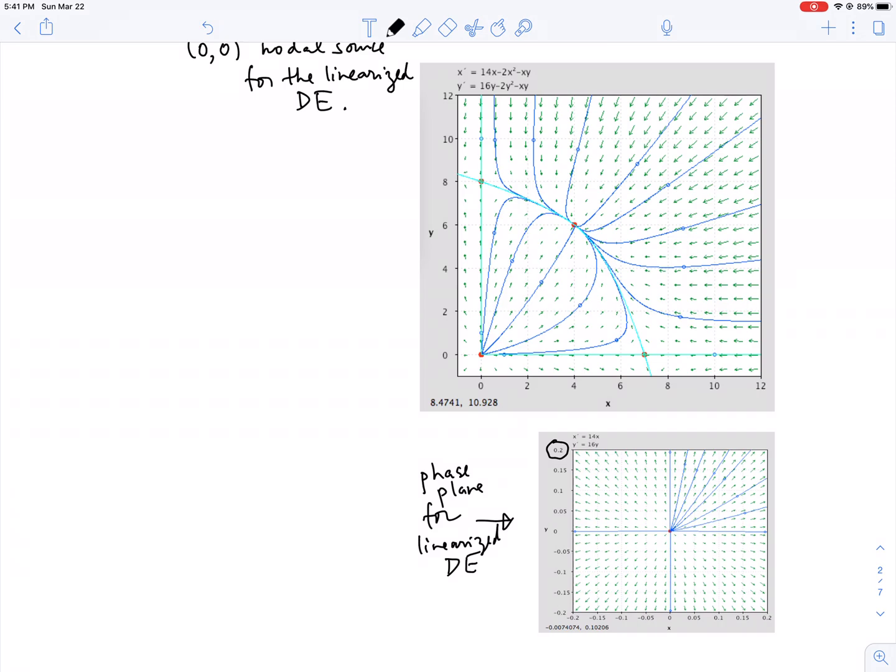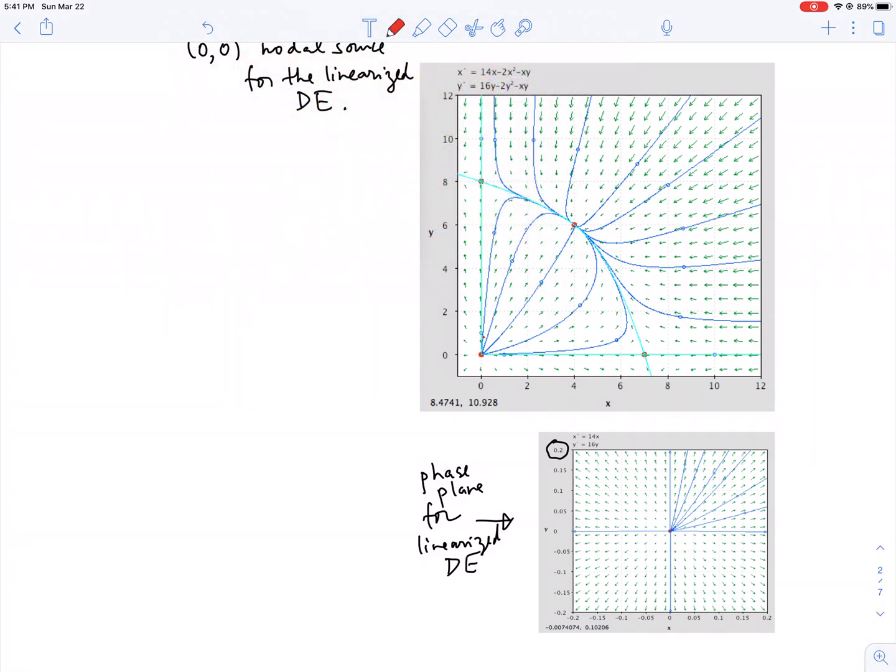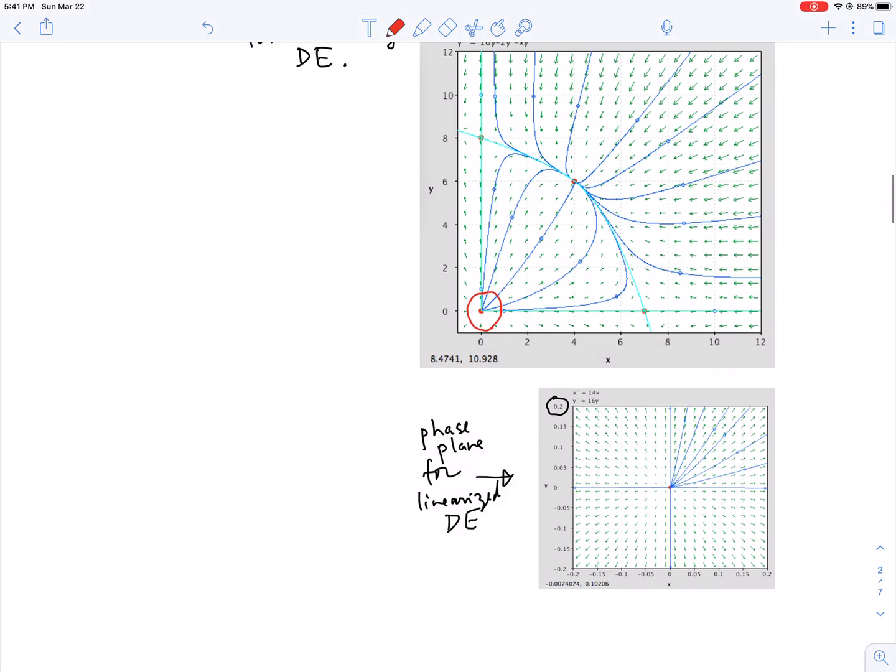It looks very much like what would happen if you magnified the nonlinear solutions near the origin. And actually, it looks like the linearization is effective way out to like plus or minus 2 in terms of describing what the nonlinear solutions look like.